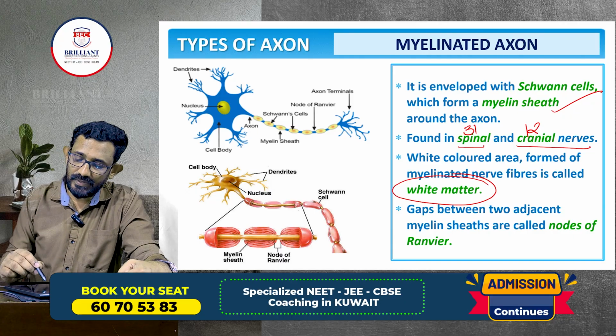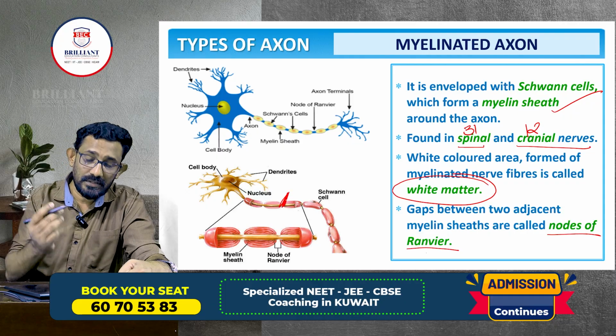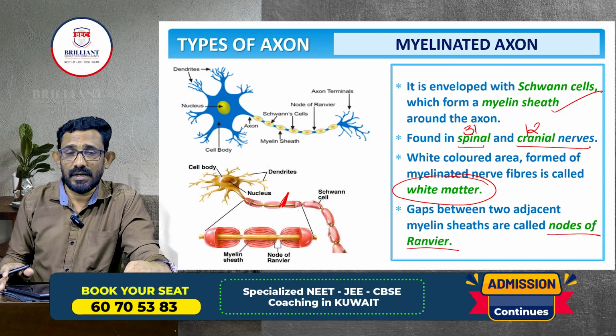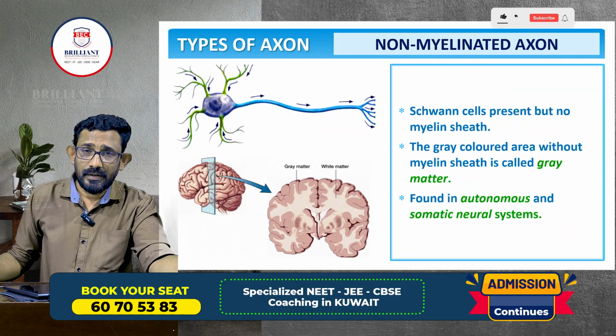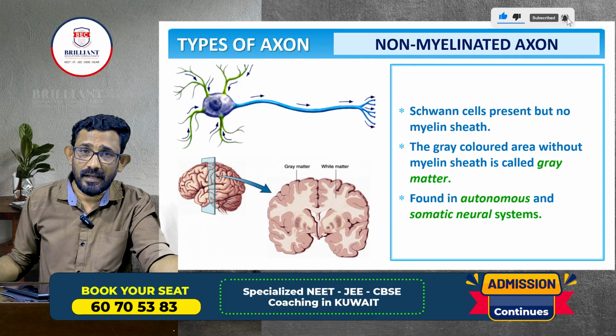There is a gap between two adjacent myelin sheaths called the node of Ranvier. See, this portion is called the node of Ranvier because these nodes were discovered by a scientist called Ranvier.